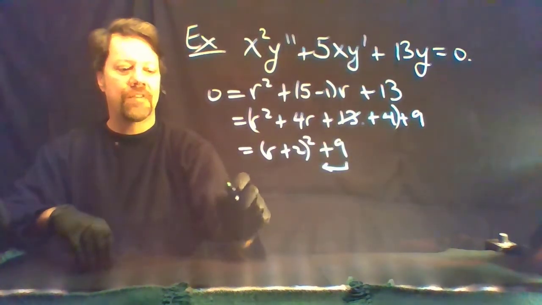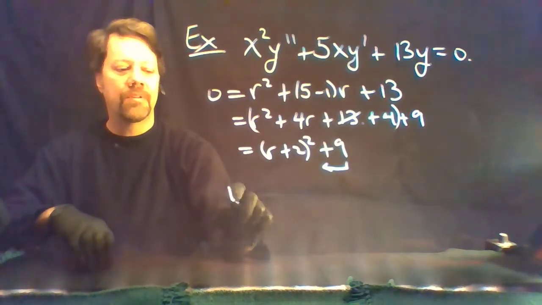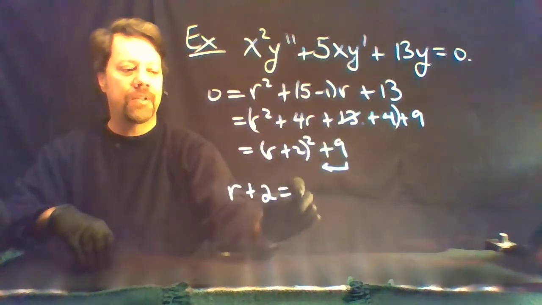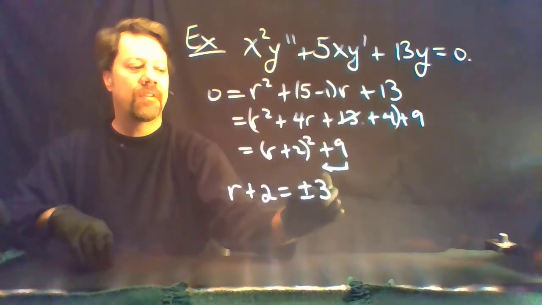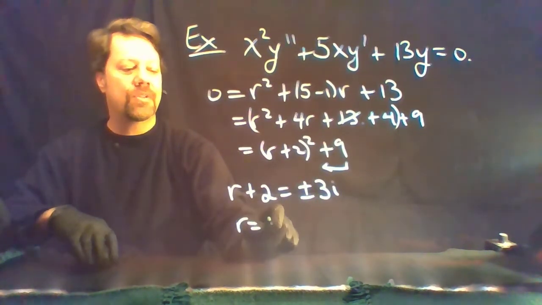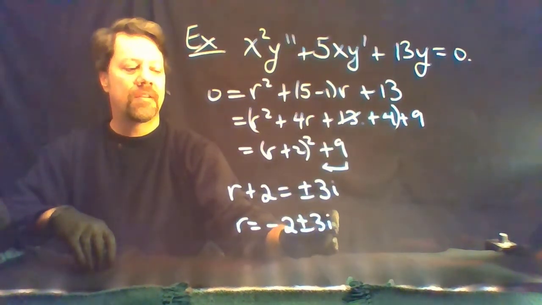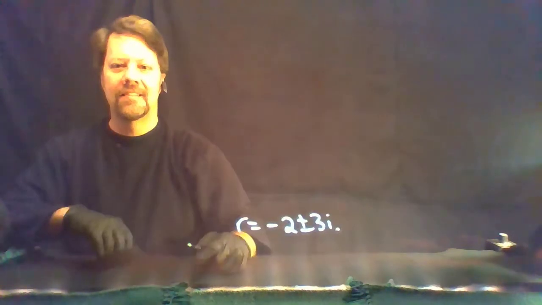Bringing the 9 over gives you a negative 9, and so when you take the square root, you get plus or minus 3 times the imaginary unit i. That gives you two solutions, negative 2 plus or minus 3i.